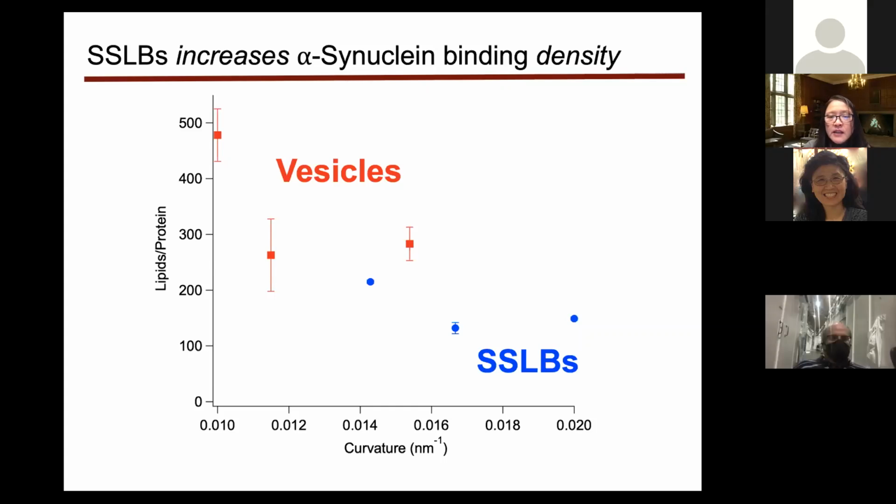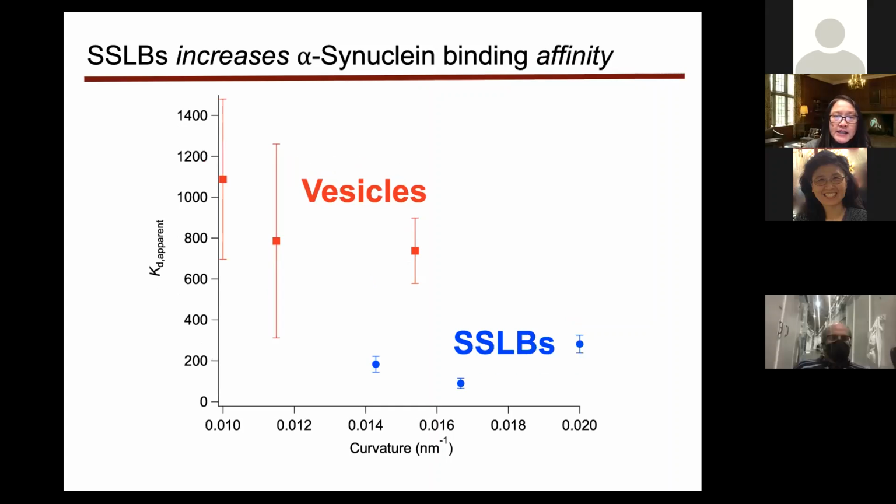Also, as seen by the error bar, because of the monodispersity, it gives rise to a tighter control of delineating what this surface binding density is.